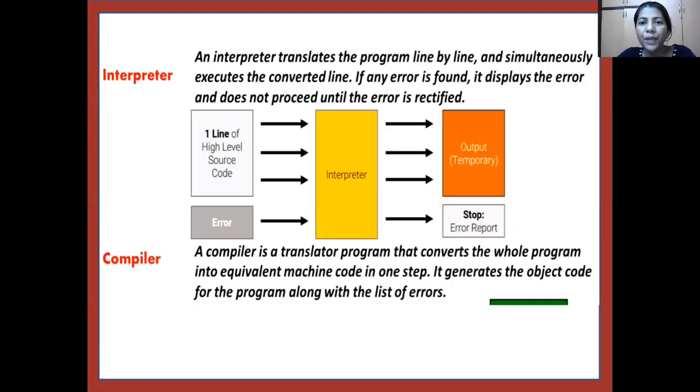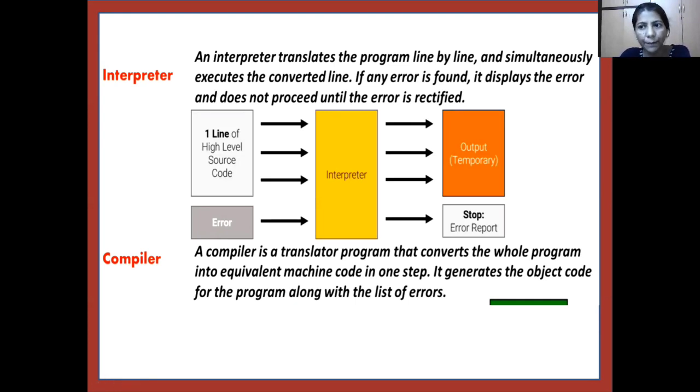Okay, fine. Now, in the language processor part, there are two types of language processors, or language translators, you can say. One is the interpreter and another one is the compiler. What is the difference between these two?